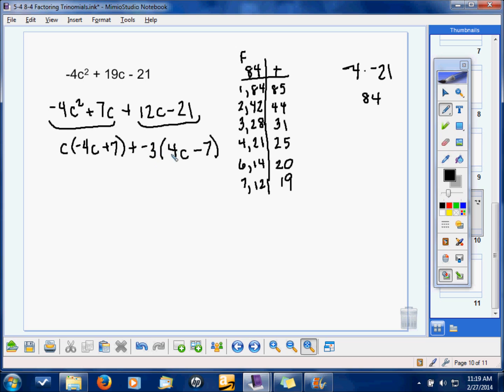Negative 3 times negative 4c gives you positive 12c. Negative 3 times positive 7 gives you negative 21. The reason we did that is because these can't even be a little bit different. They have to match completely.